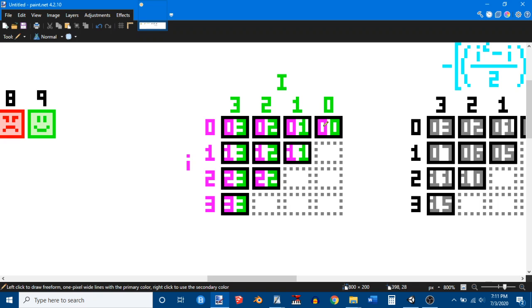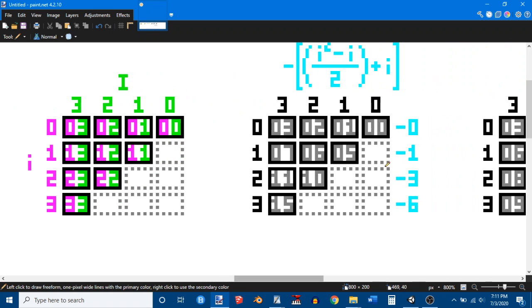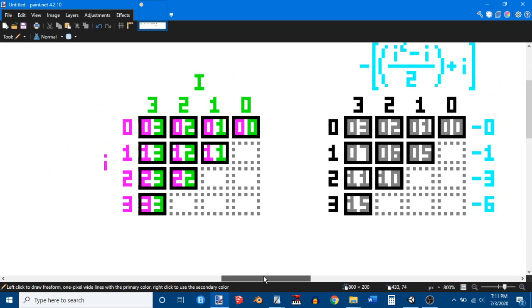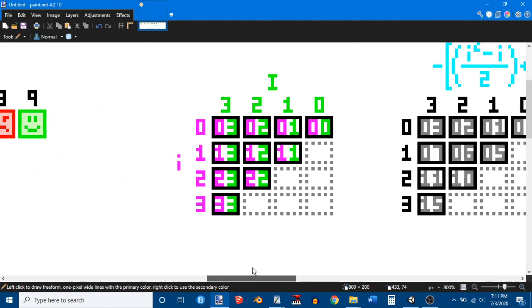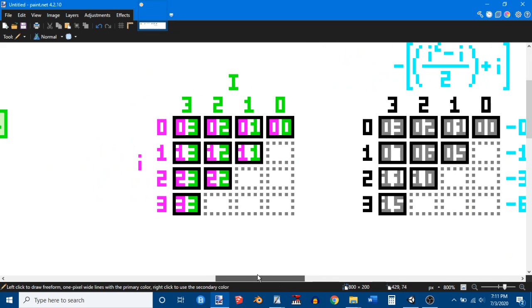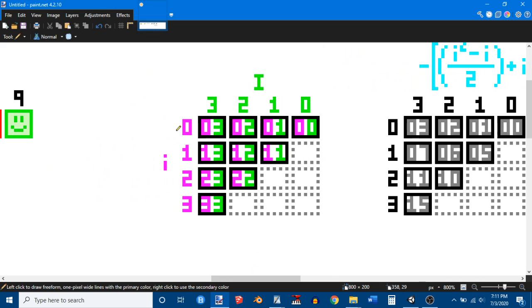I was looking at that, and now my next problem was, well, for any rows that aren't the 0th row, the indices need to have some number subtracted from them. And so I looked at those numbers, which turned out to be 0, 1, 3, and 6. And then it was time to try and find a pattern relating those numbers to these numbers right here.